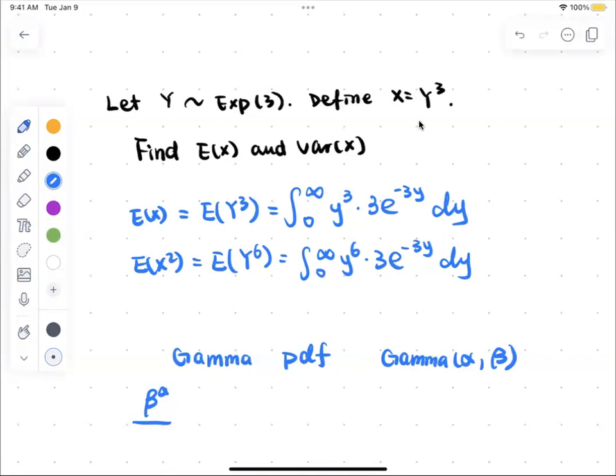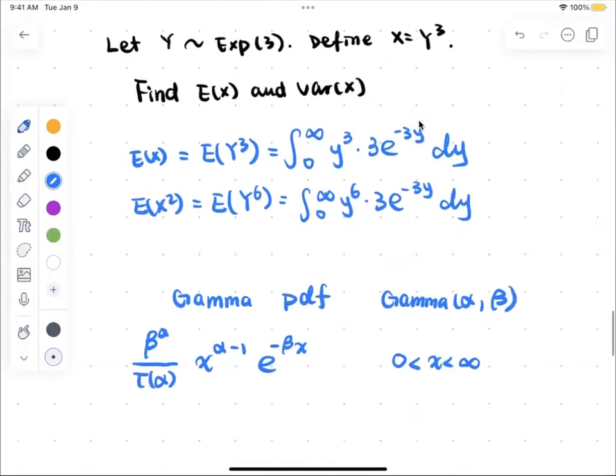The PDF of gamma alpha beta is beta to the power of alpha over the gamma function evaluated at alpha times x to the power of alpha minus 1 times e to the power of negative beta x. And x takes values between 0 and infinity.